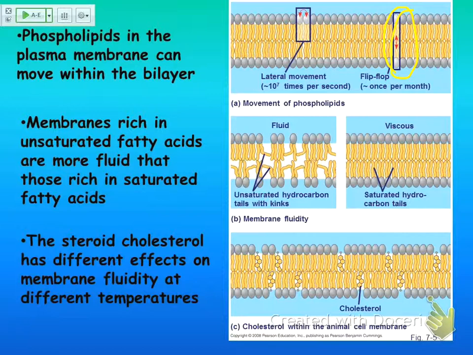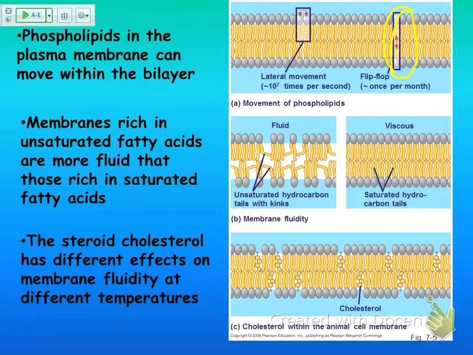Now remember those fatty acid tails, we talked about fatty acids and saturated versus unsaturated. Which one of them are straight lines? Saturated. Okay. So unsaturated have what kind of bonds in them? Double bonds.